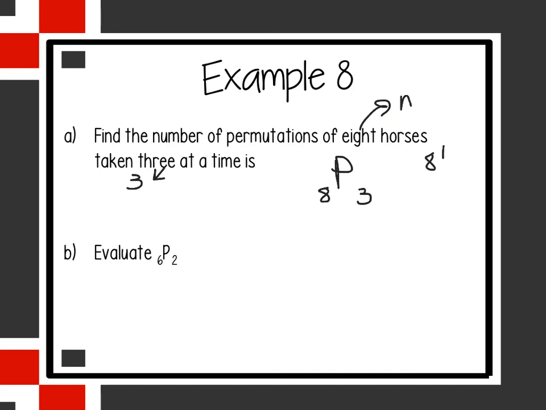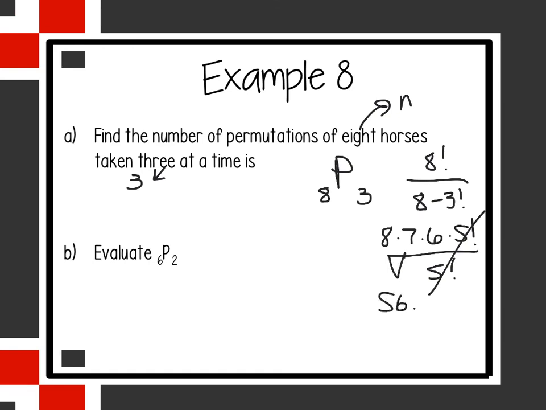So this is 8 factorial over 8 minus 3 factorial. 8 times 7 times 6 times 5 factorial. So 8 factorial over 5 factorial. The 5s cancel, and I get 8 times 7 times 6.